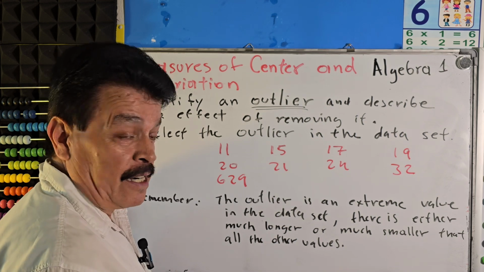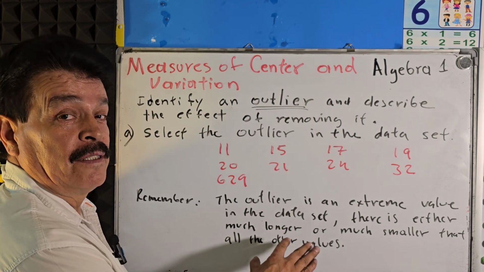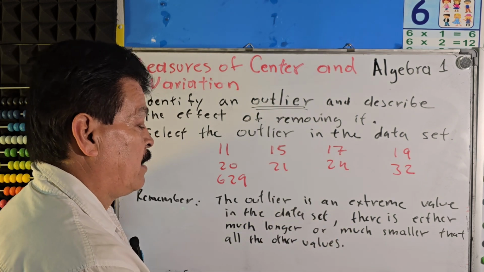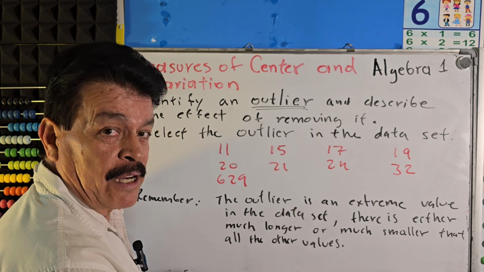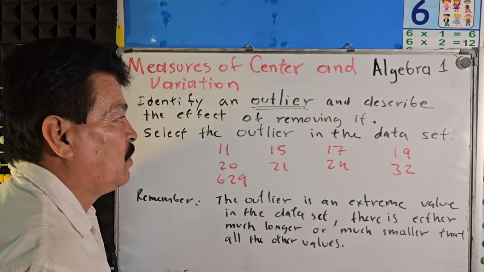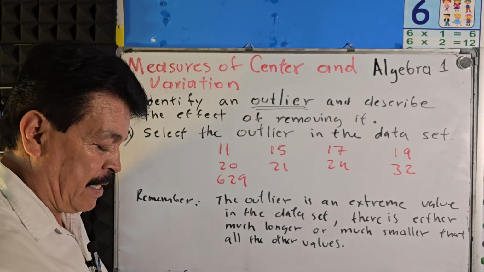It is either much larger or much smaller than all other values. You see here, you immediately see where the answer is, right?